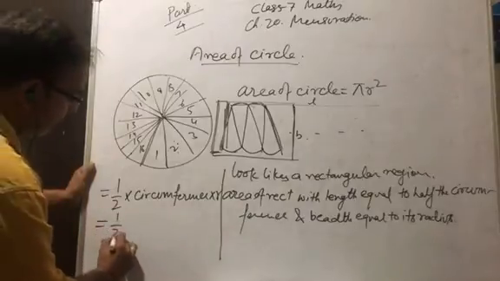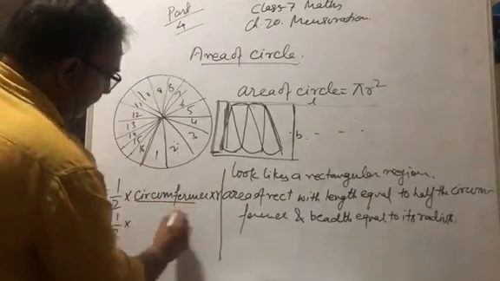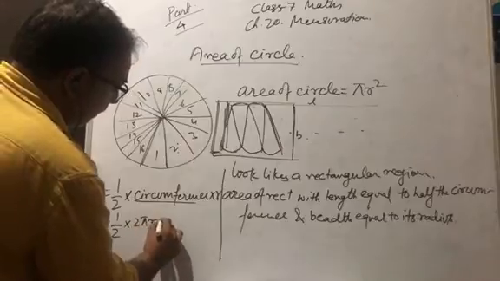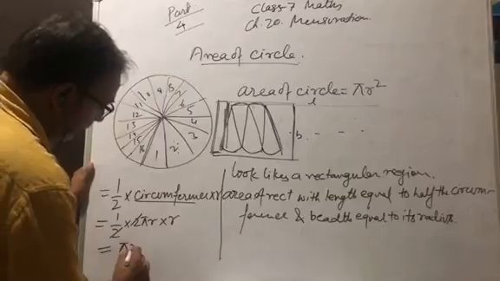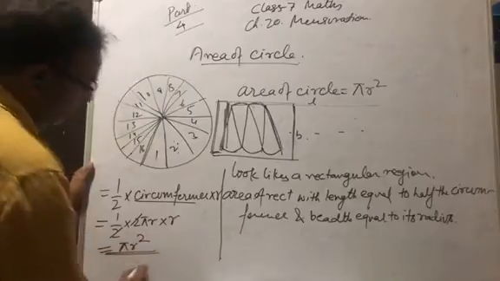So half multiplied by circumference means 2 pi r multiplied by r. Now 2 and 2 cancel.